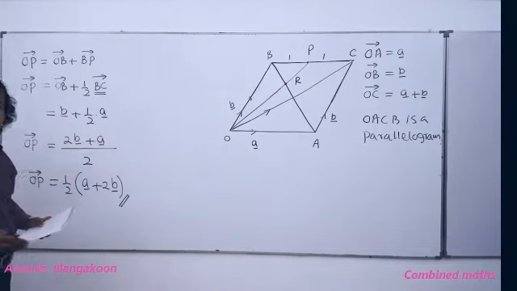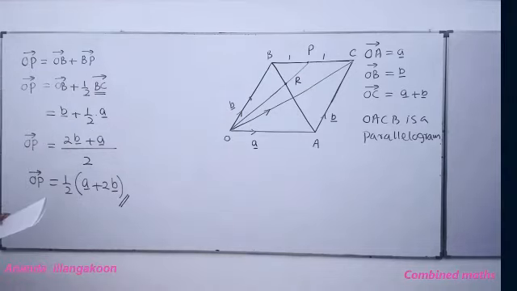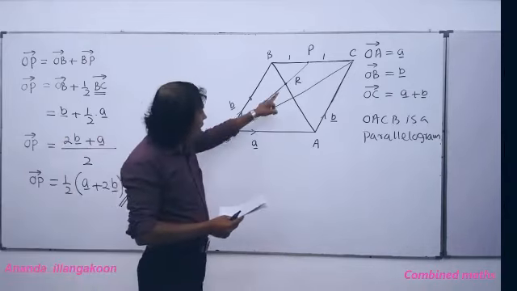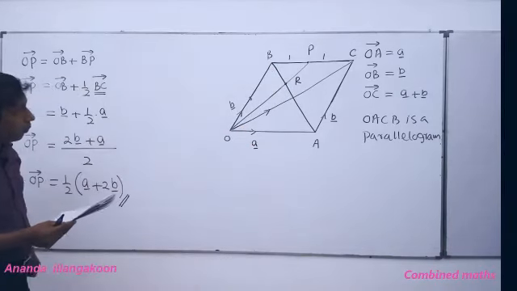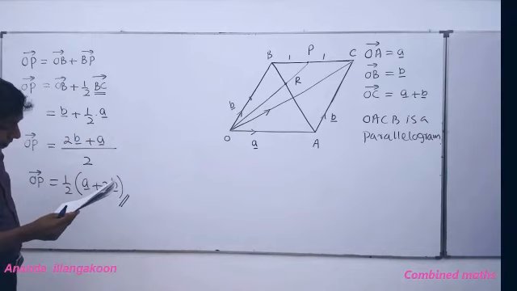Right? Now asking, show that RB vector is equal to B minus K times A plus 2B.